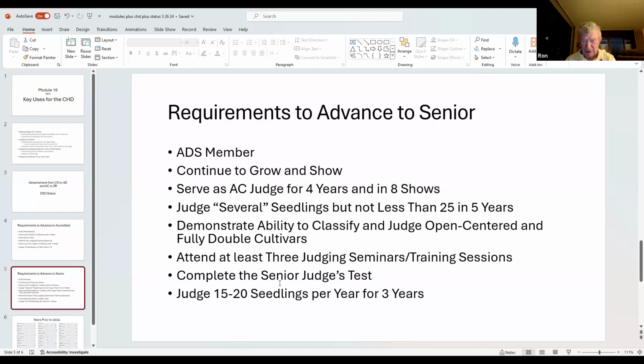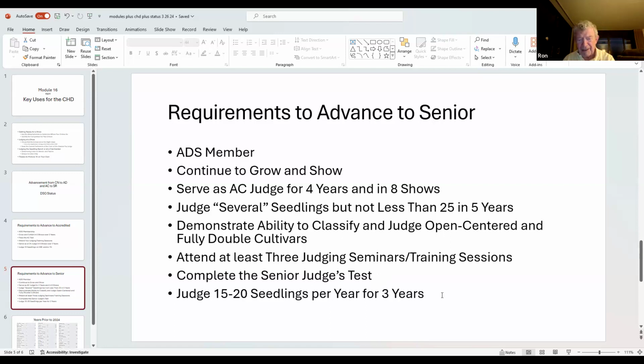Next, attend at least 3 judging seminars or training sessions. Complete the senior judges test, and that's the same as the other one, except longer and a little more painful, I suppose. And judge seedlings again, 15 to 20 seedlings per year for 3 years.